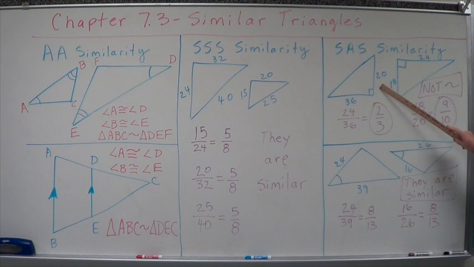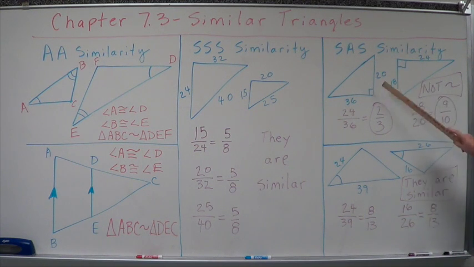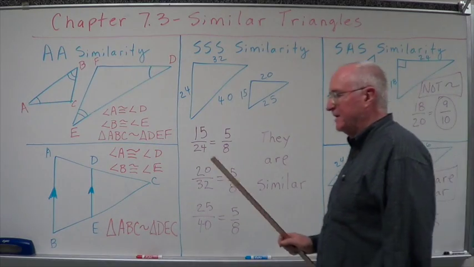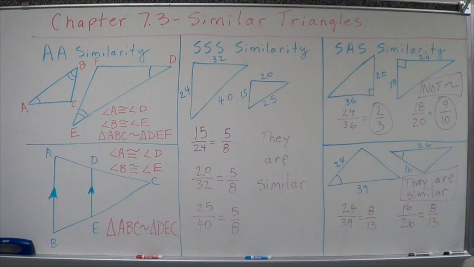Well, we have two sides of this triangle, two sides of this triangle, and the included angles are indeed congruent. So all we have to do is check to see if the corresponding sides of those triangles are proportional.